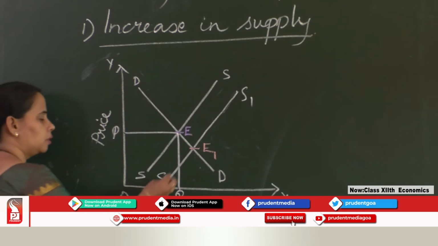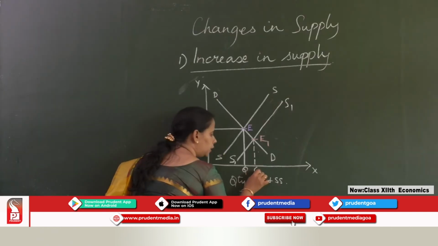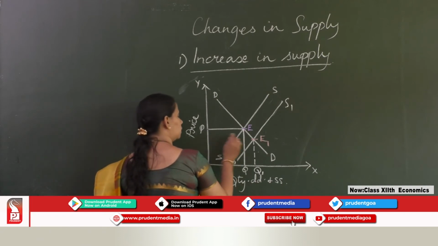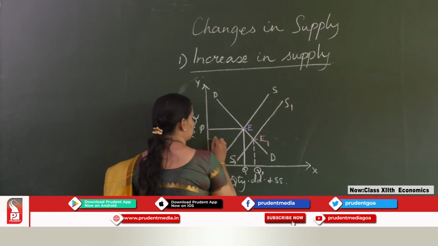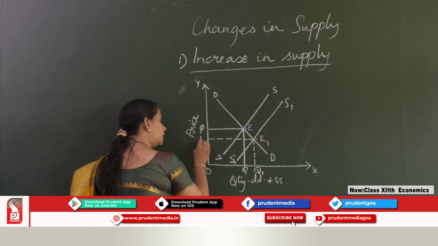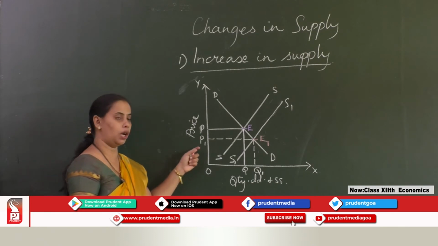Corresponding to this, the quantity which we get is the new quantity, and the price that we get is the new price P1.